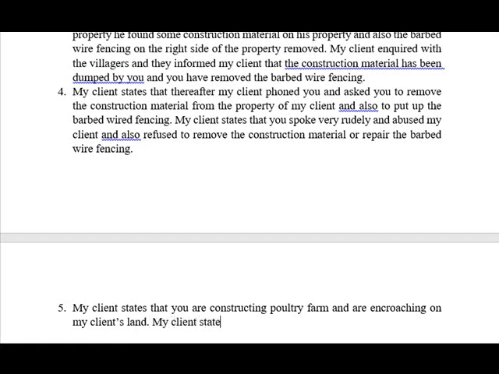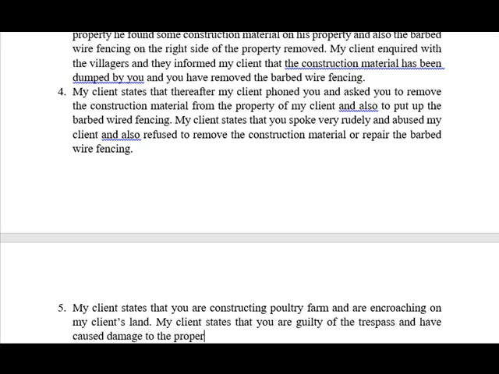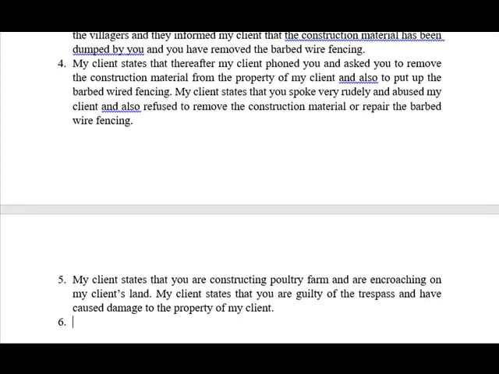My client states that you are guilty of the trespass and have caused damage to the property of my client.